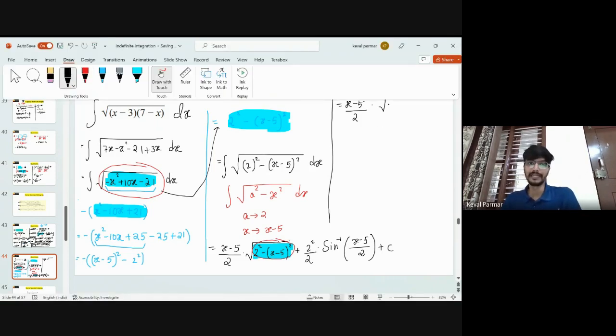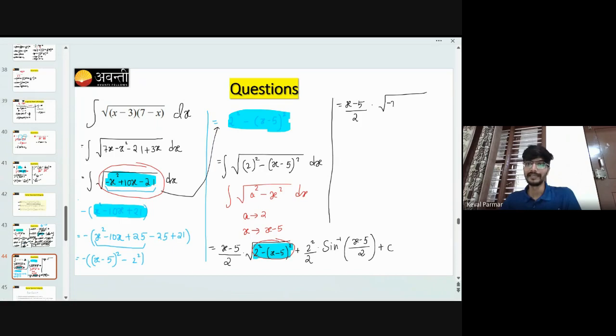So here I can write minus x square plus 10x minus 21, correct? Plus 2 square by 2 means 4 by 2, which is 2 into sine inverse of x minus 5 by 2 plus c. This is my answer. I hope it is clear now.